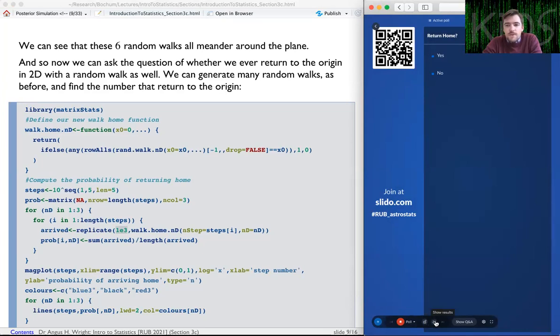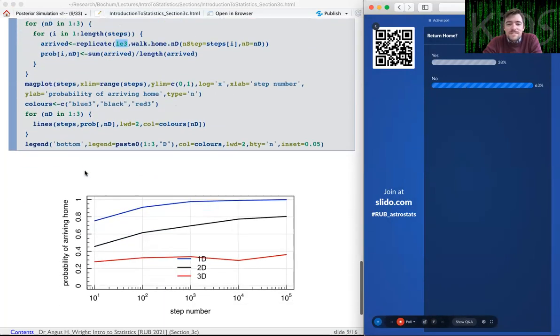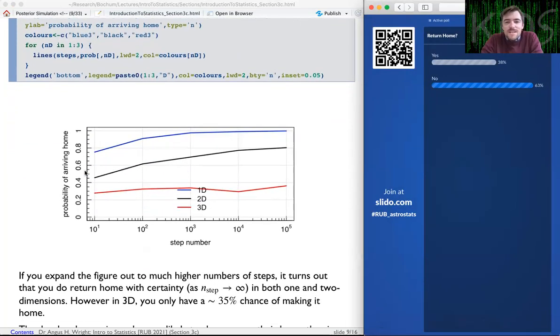I'm going to show the results now. This is the distribution. This is the probability of returning to the origin given a finite number of steps. This is 10 to the 1, 10 to the 2, all the way through to 10 to the 5. What you can see is that in 1D, we reach home with absolute certainty after 10 to the 5 steps.